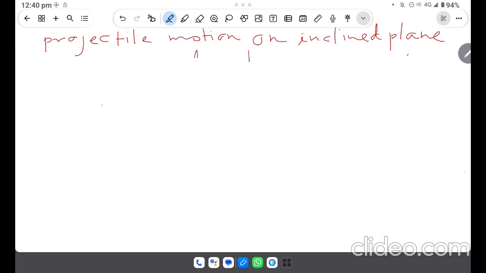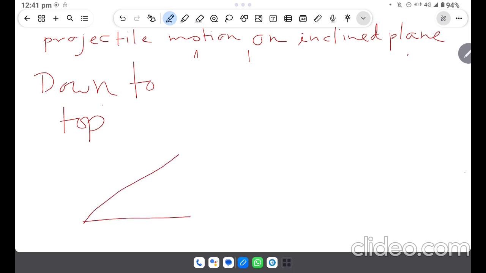So the projectile motion on the inclined plane can be of two types. One is called the down to top motion. What is that? Now at first we draw the inclined plane which is making an angle theta with the horizontal, and the down to top motion means that we are throwing any stone or ball from the bottom point of the inclined plane like this with the initial velocity u here.